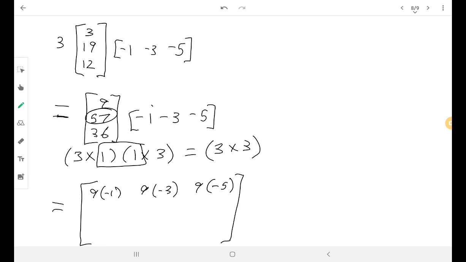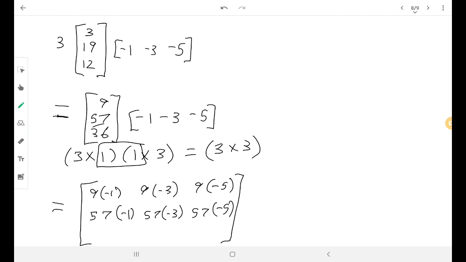For second row, first column, we'll do 57 times -1. 57 times -1. For second row, second column, we'll do 57 times -3. And for second row, third column, we'll do 57 times -5.